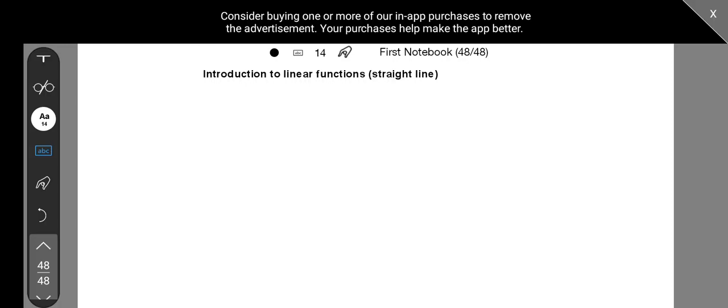In this lesson, we will be doing an introduction to linear functions, also known as straight line graphs or straight line functions.